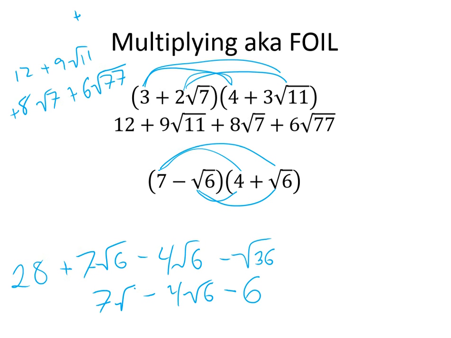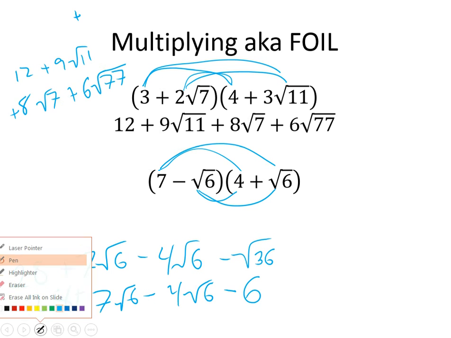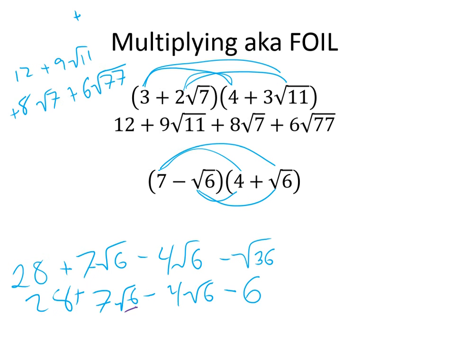Now we can combine like terms. You see how the radicals are the same in these two? Root 6, so we can combine them, which gets you negative 3 root 6, and then 28 minus 6, which gets you 22. So you get 22 plus 3 root 6, and that would be your answer.